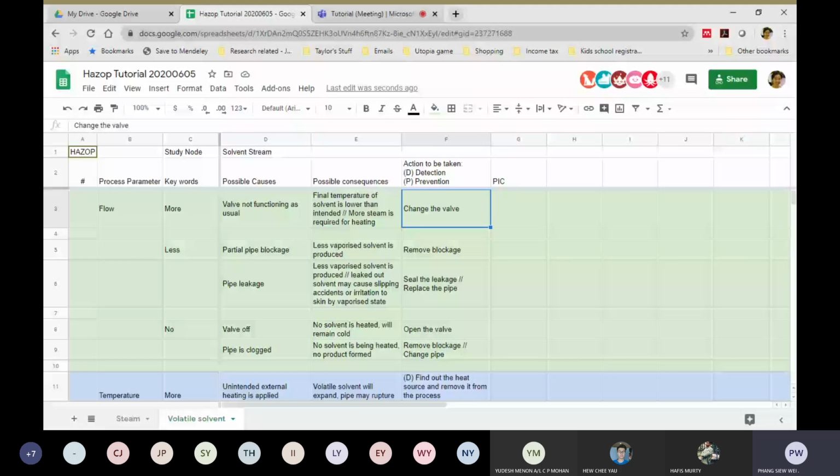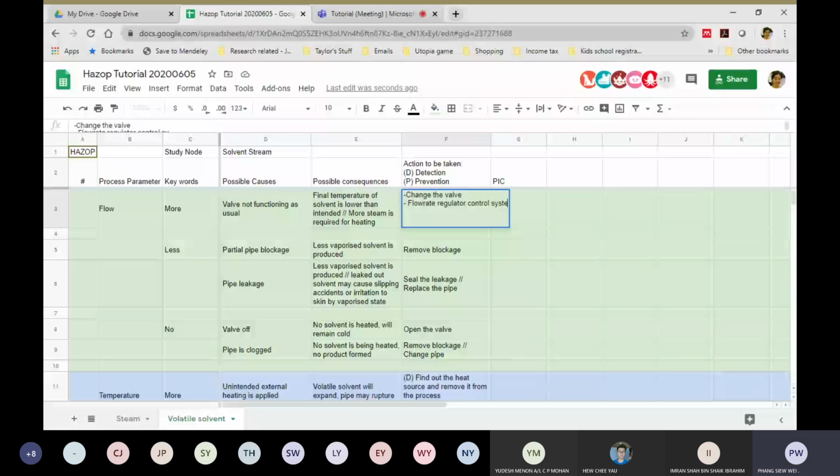Any other things that can prevent this besides changing the valve? If I were to take care of this one, besides changing the valve, I may want to put in a flow rate regulator control system.